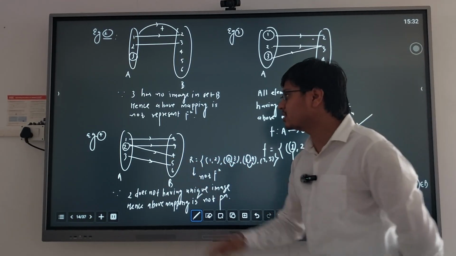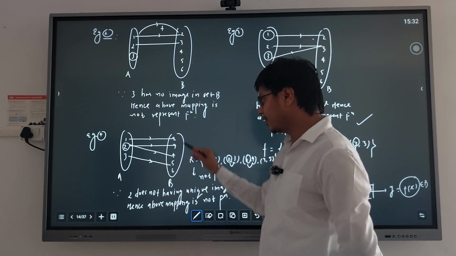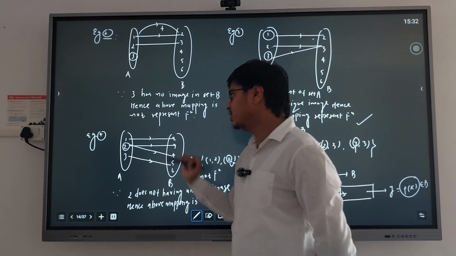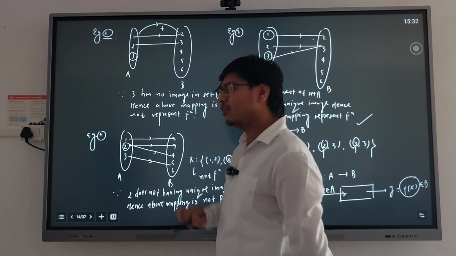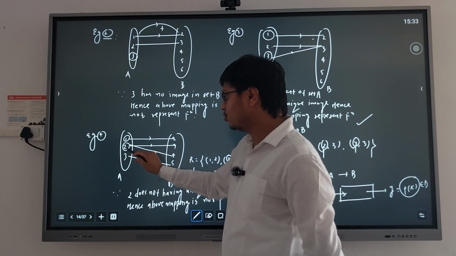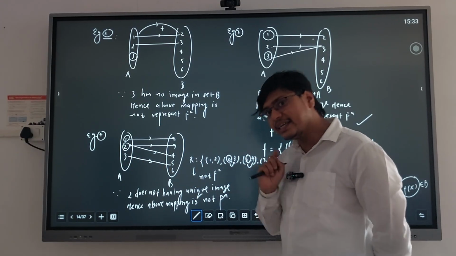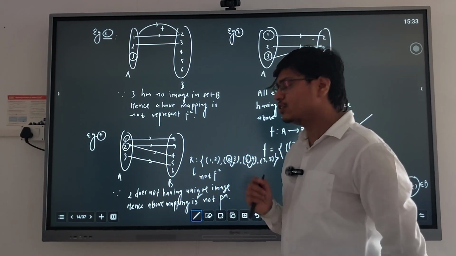We take another example, where 1, 2, 3 are the elements of set A and so on. We see that all the elements of A have an image: element 1 has an image, element 2 has an image, element 3 has an image, so the first condition is satisfied. But the second condition is that the image is unique.